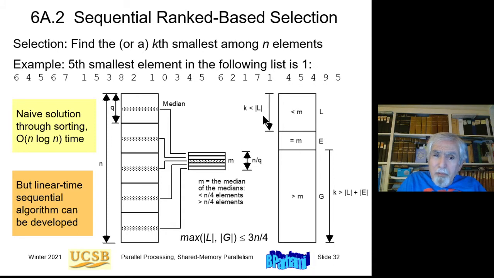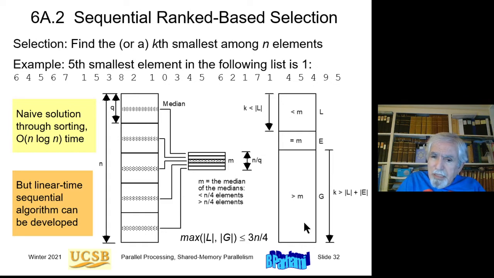And then I'm going to reorganize my list so that all elements that are smaller than this m come in the beginning, all elements that are larger than this m come at the end, and all elements that are equal to this m in between. m is a particular value that I know at this point, I determined it.